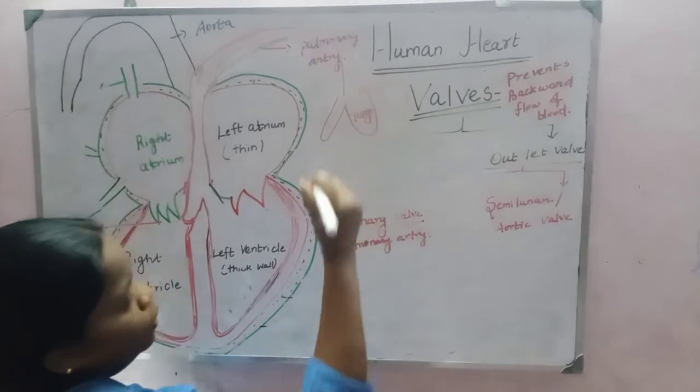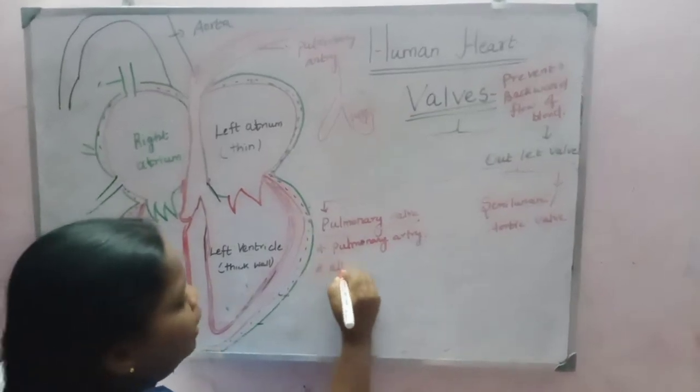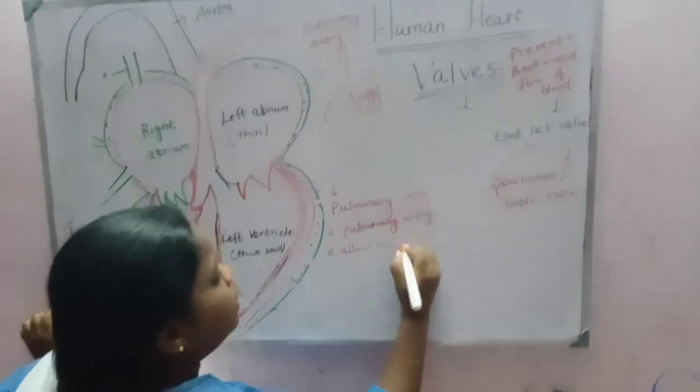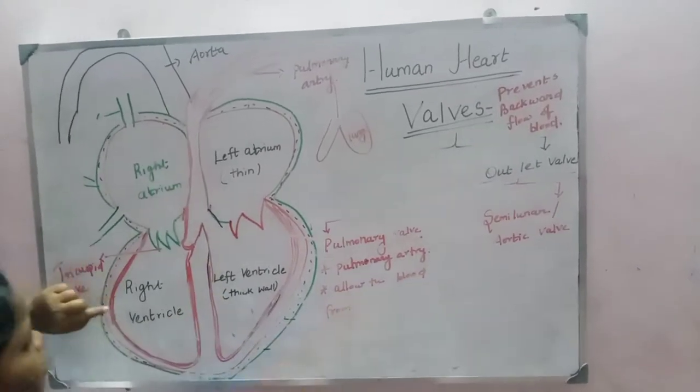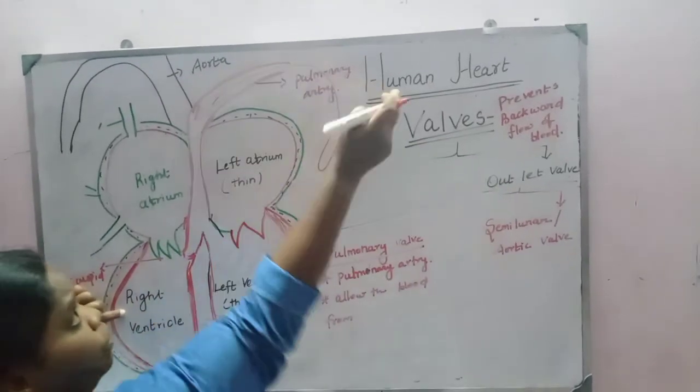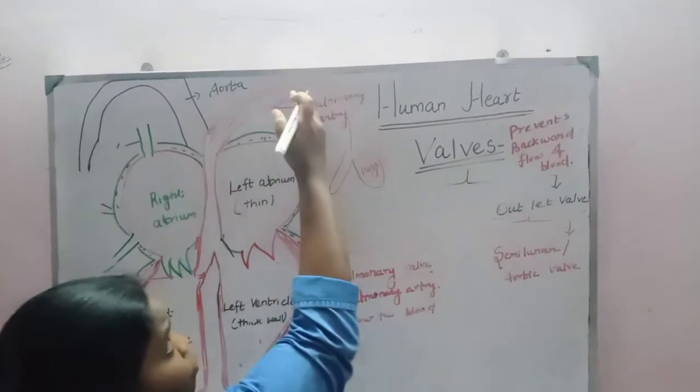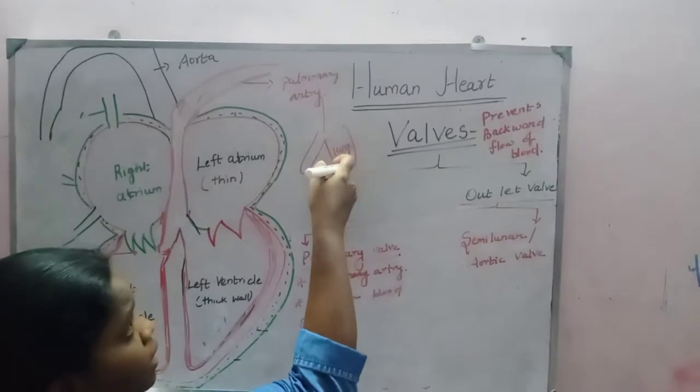Are you clear? It allows the blood from the right ventricle to the pulmonary artery, and through this pulmonary artery it reaches the lungs.